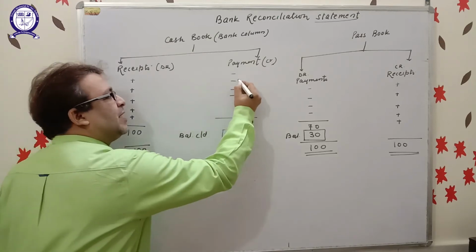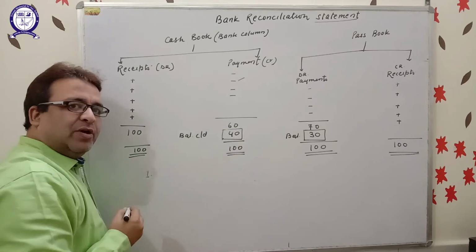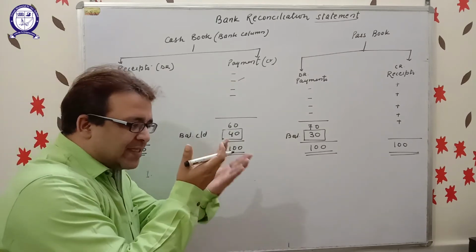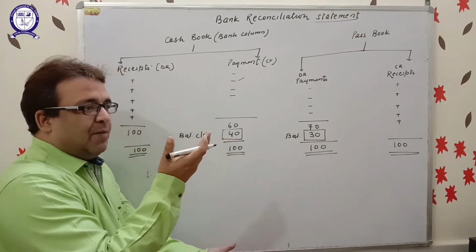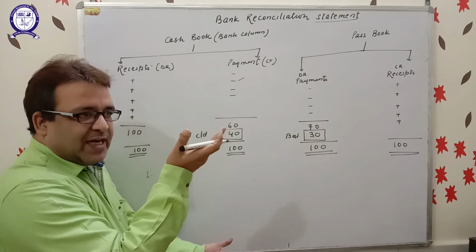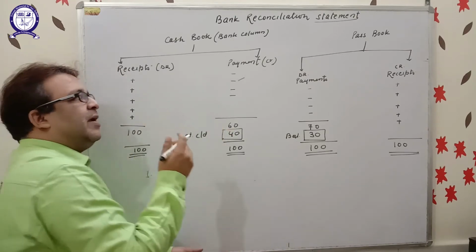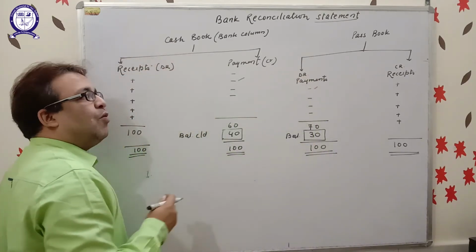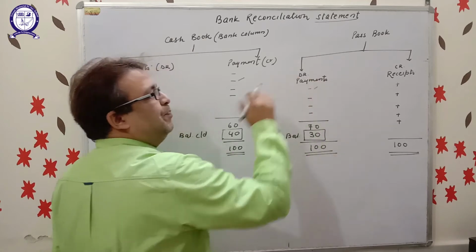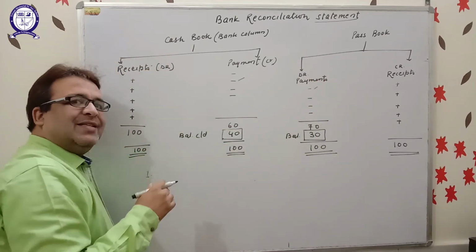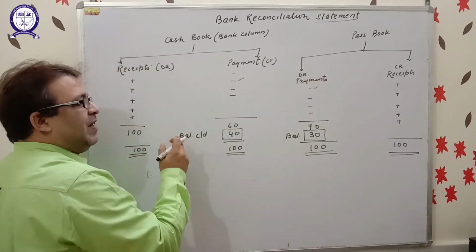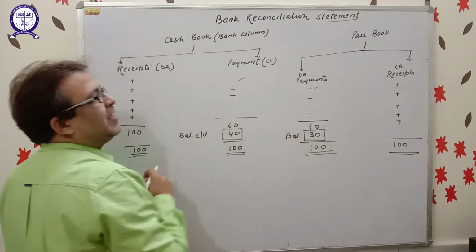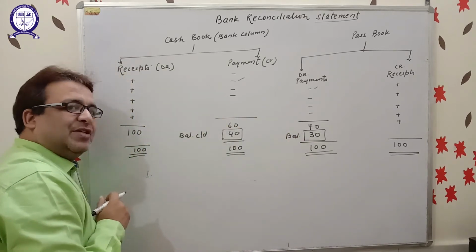We record it in the credit side of the cash book. That means we decrease our cash book balance. But the creditors did not present the checks to the bank. So the passbook balance is the same. So there will be a difference between the cash book and passbook balance.